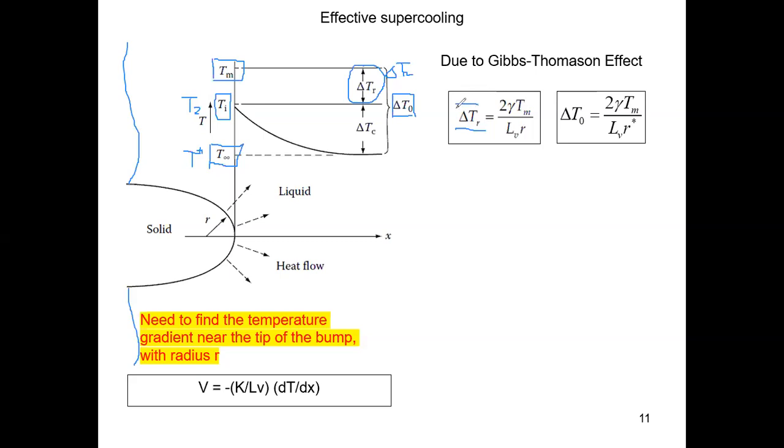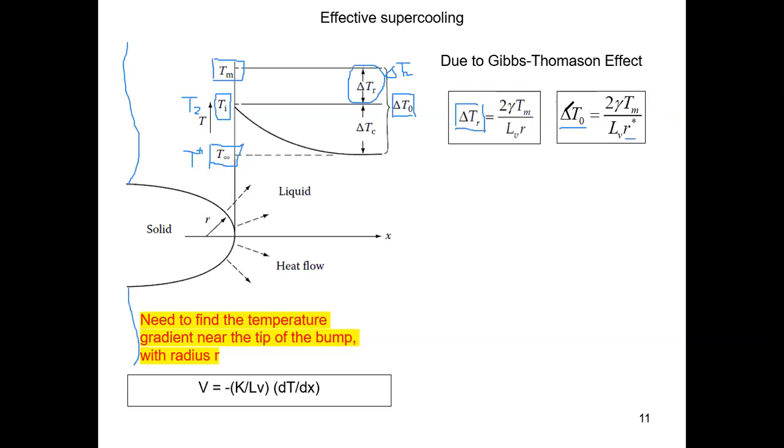Again, this is the degree of supercooling used to overcome the interface energy for this finite radius. Now we also know that if you impose this delta T naught, which is the theoretical supercooling, you can also find an R star, which uses all the supercooling to overcome its surface energy, right? And this is an expression that we've seen many times.